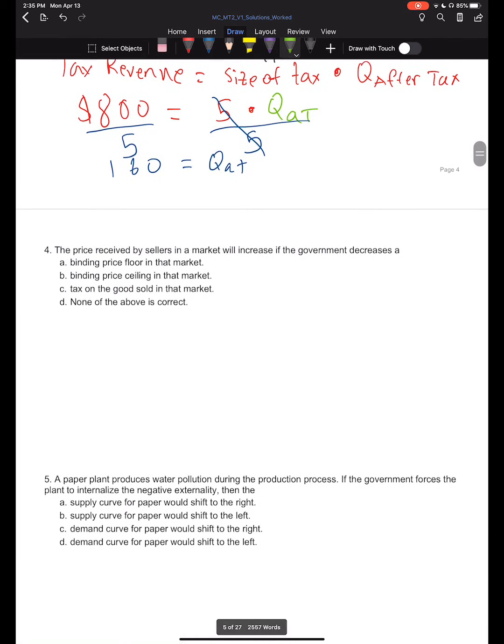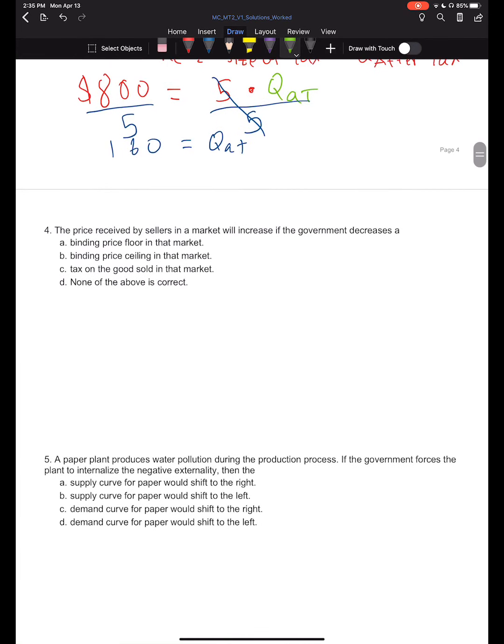Question 4. The price received by sellers in a market will increase if the government decreases A. Remember, the price received by sellers is just the difference between either the equilibrium price or the price buyers pay minus the tax.